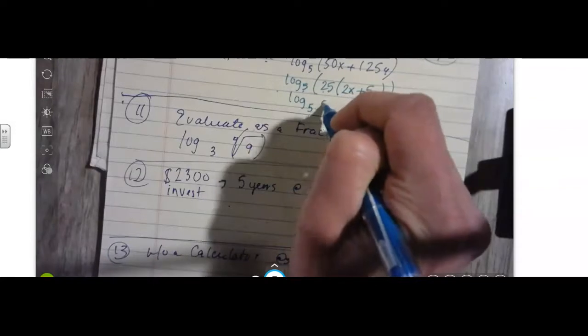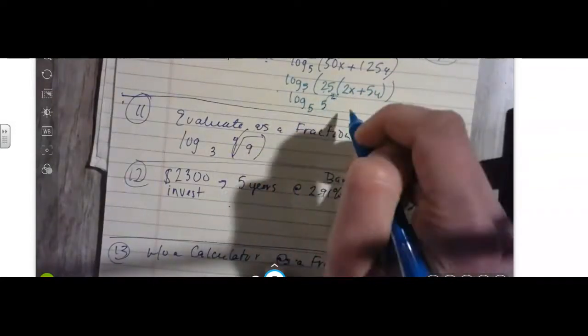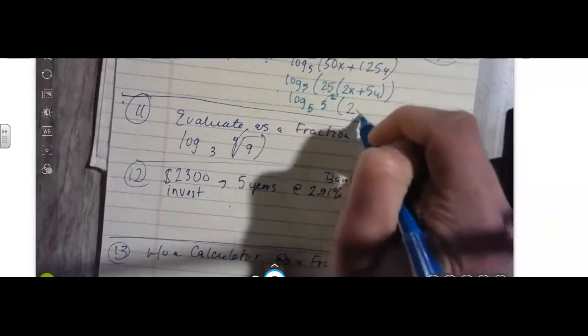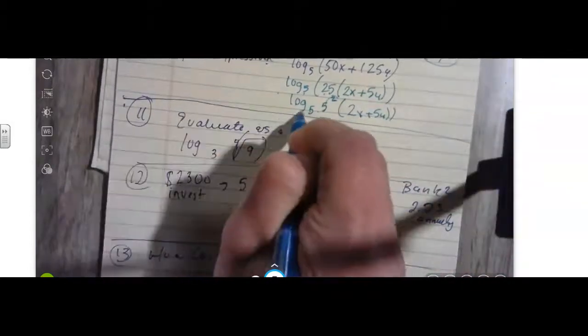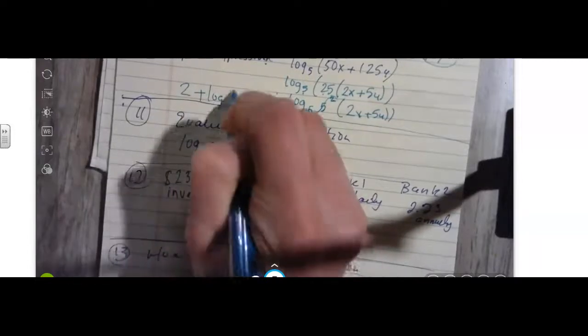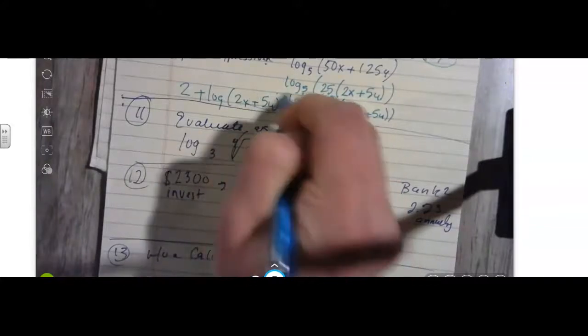It's going to be log 5 of 5 squared, because you want to get log of a to the b, because that's equal to 2. Okay, and then you rewrite it like this: 2x plus 5y, and this is going to be 2. So this is going to enable you to take out a 2. It's going to say 2 plus log of 2x plus 5y. There you go.